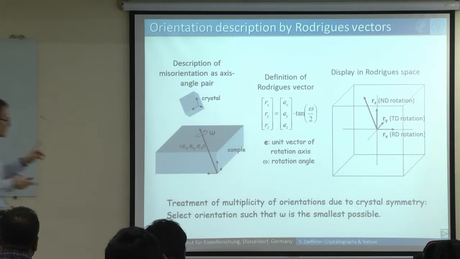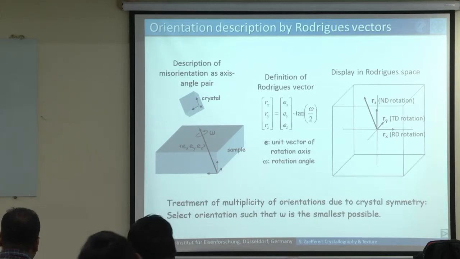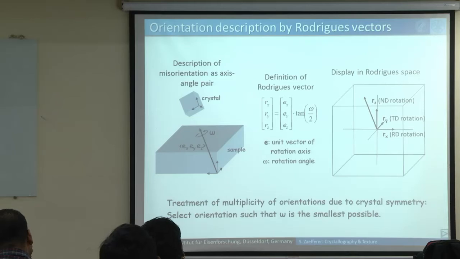And there is a convention that out of these 24, which are physically all identical but mathematically different, let's take the one which has the smallest angle. That limits us to the smallest Rodriguez space, and that gives us a unique description. And it's quite simple for a computer to calculate that. That's why it is beautiful to use this Rodriguez space.